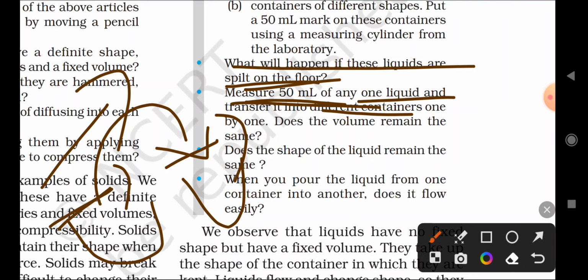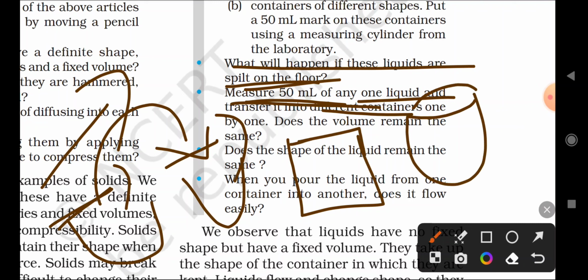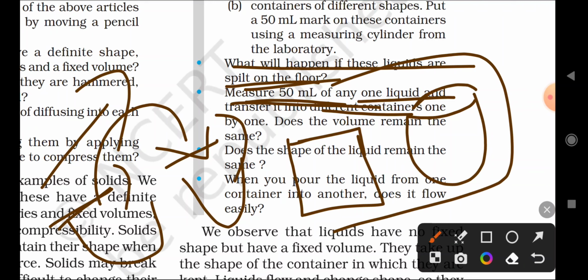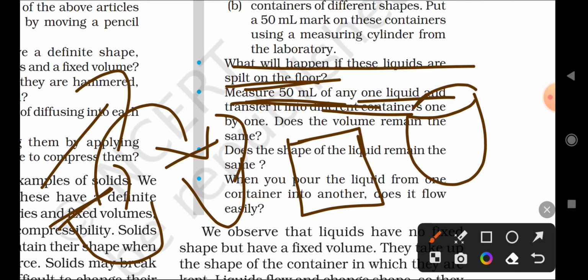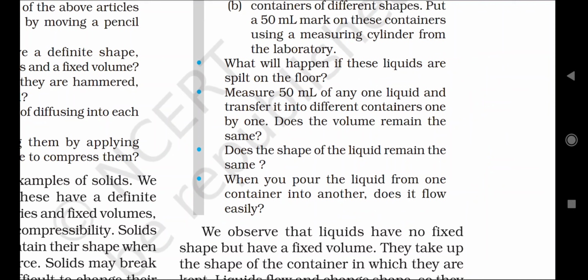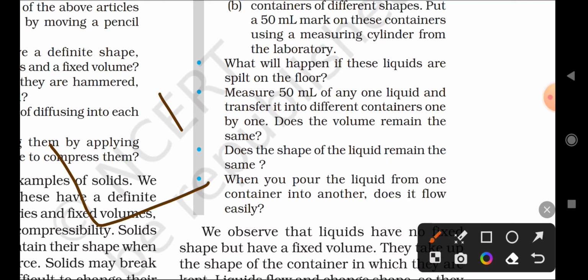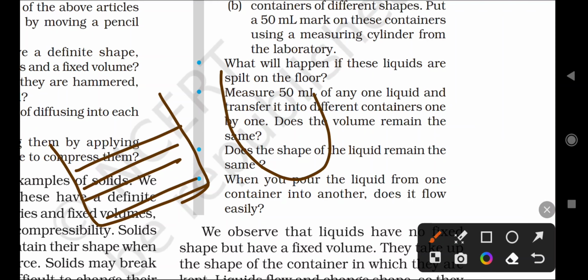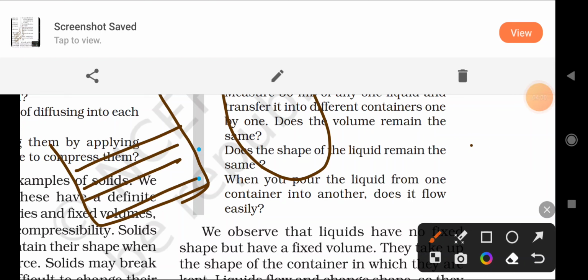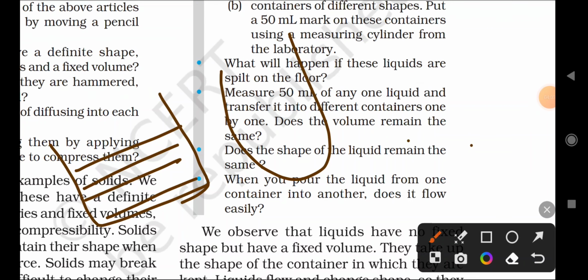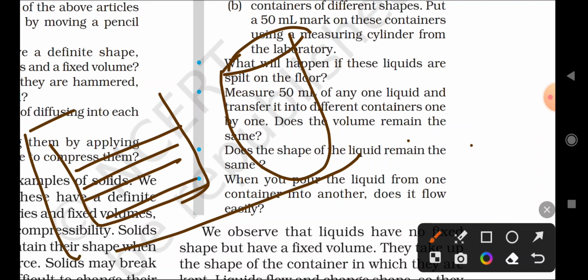Does the shape of the liquid remain the same? First we have taken a rectangular container, next we take a tube-like structure. In both cases, does the shape remain the same or does it change? In the rectangular container it will be like that water shape, and in the test tube like this. In these two containers the water has different shapes.